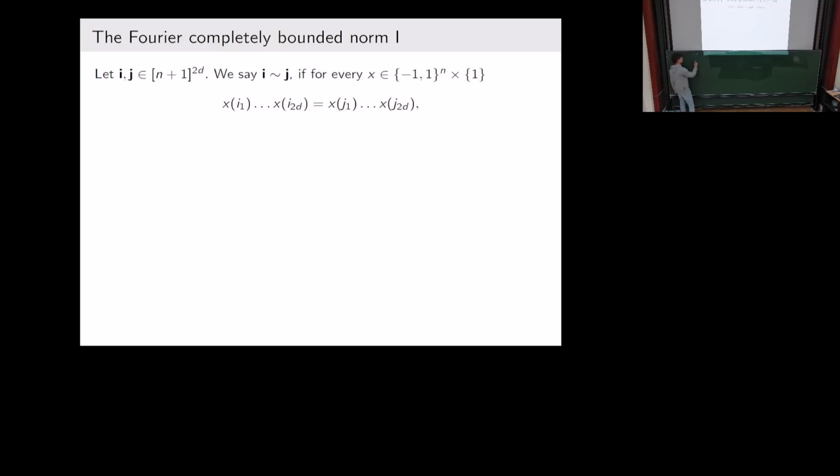For example, under this definition, these two are equivalent because if you take the product of x1, x7, and x6 of any Boolean string like this, then that equals the product of x7, x6, x1, and x1. Okay, that is clear because the order in this product does not change the value of the product.